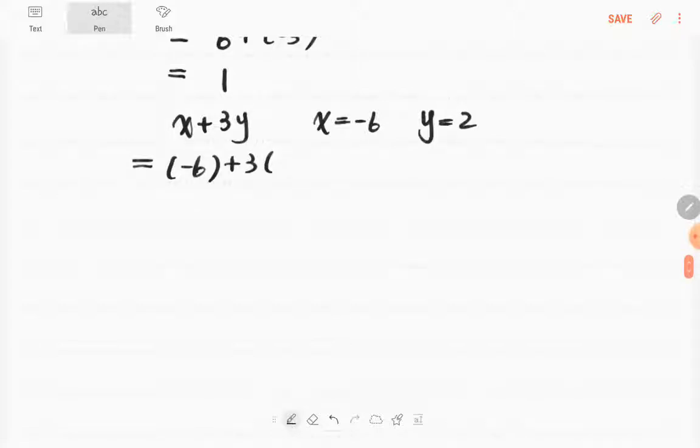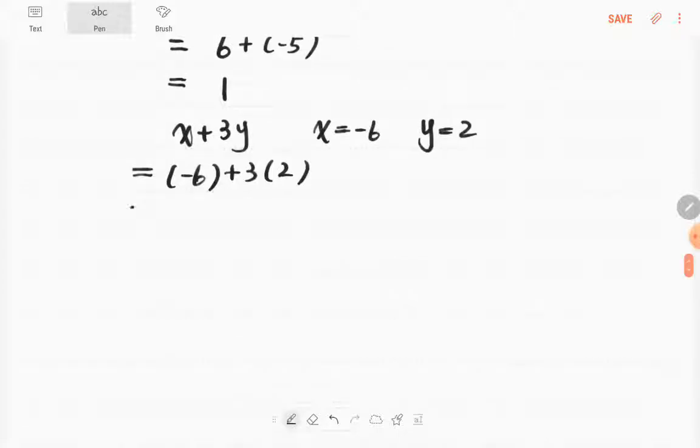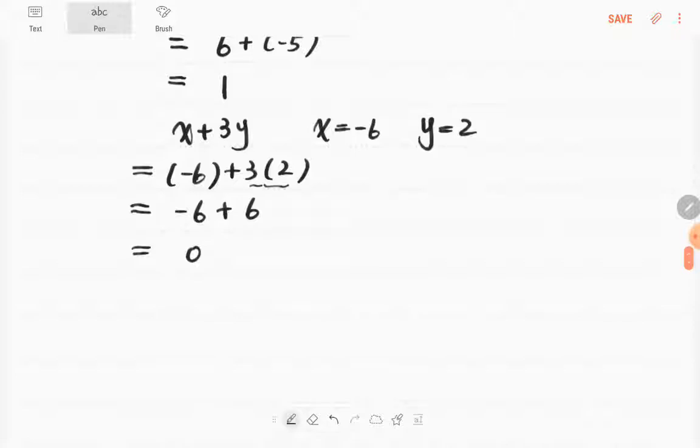And we use 2 to replace y. Then we can find it's negative 6, of course, we should do the multiplication first, plus 6. We can easily get the answer is 0 because one number plus its opposite is equal to 0.